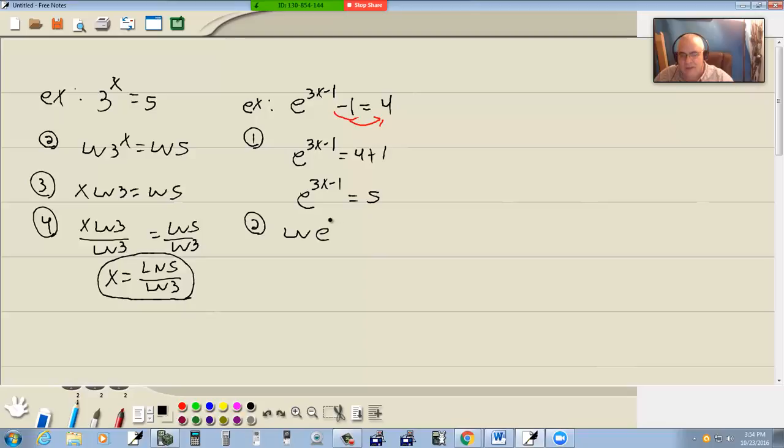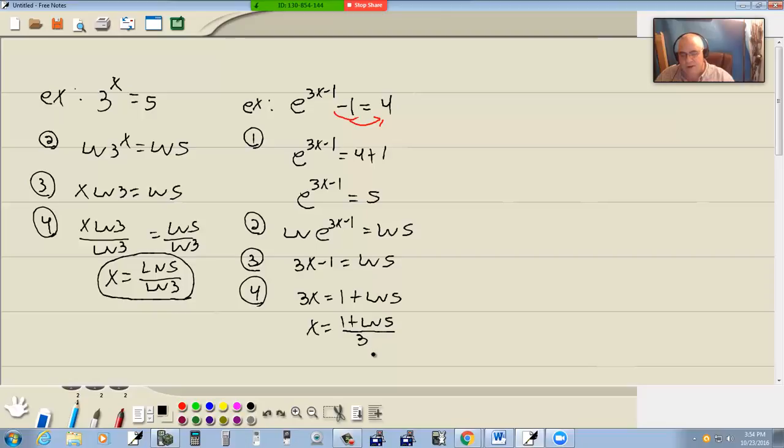So we got natural log of e to the 3x minus 1 is equal to natural log of 5. Now step 3, use properties of logs to get the variable out of the exponent. Natural log and e cancel each other. So that gives you 3x minus 1 is equal to natural log of 5. Step 4, solve for x. I'll take negative 1 over, becomes a positive 1. And divide both sides by 3. So we got 1 plus natural log of 5 over 3. And that'd be our answer.